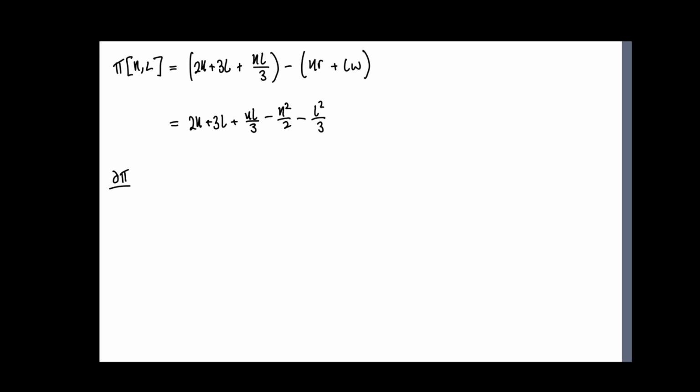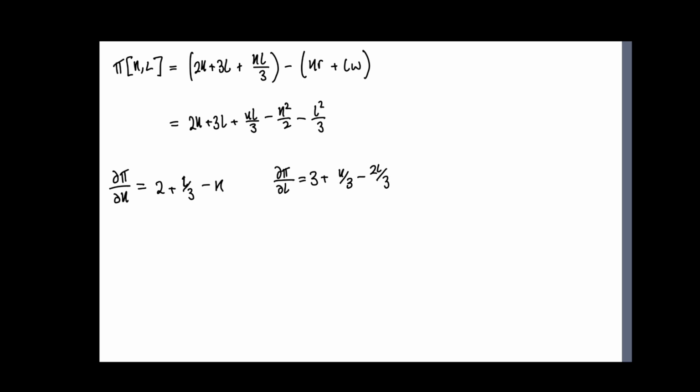Finding the first order conditions now, we have the partial derivative of the profit function with respect to K, which gives us 2 plus L over 3 minus K, and the partial derivative with respect to L would be 3 plus K over 3 minus 2L over 3.